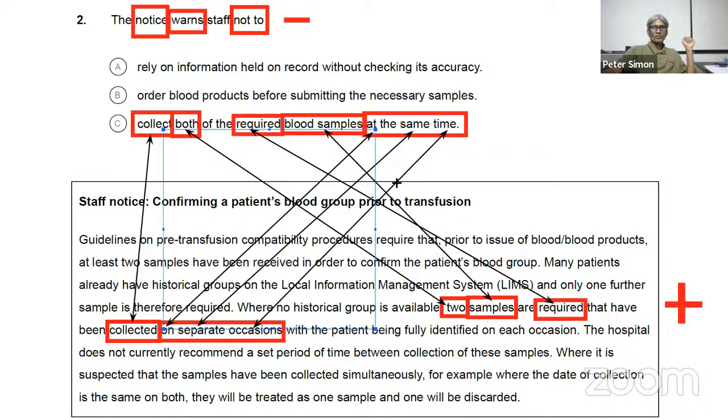So not same is separate. Sorry. Not same. So not plus same is separate. Not plus same is separate.